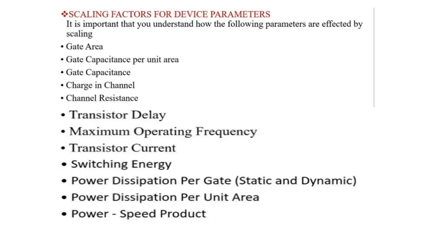So benefits of MOS scaling. As you can see, increased transistor density is one of the most important benefits. More and more transistors can be packed into a smaller area, so it leads to more complex and efficient circuitry. Second point is improved performance.